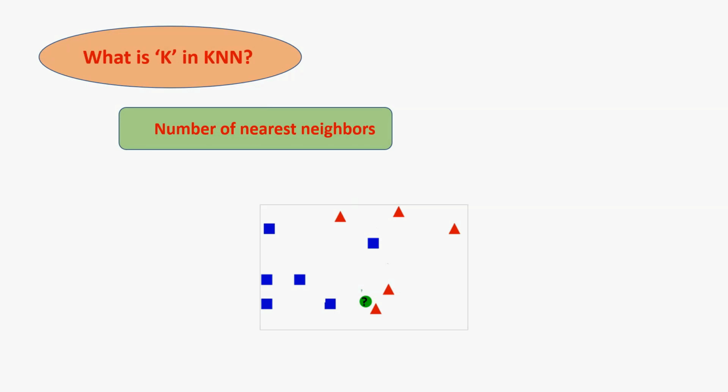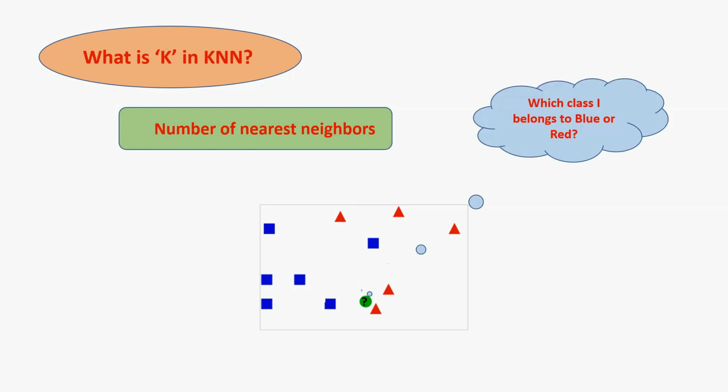Around that we have several labeled data points: 6 blue data points which belong to class A, and 5 red points which belong to class B. Now we have to identify which class this green point belongs to, whether class blue or class red. The problem statement here is which class the unlabeled data point belongs to. So that is our problem to be solved.